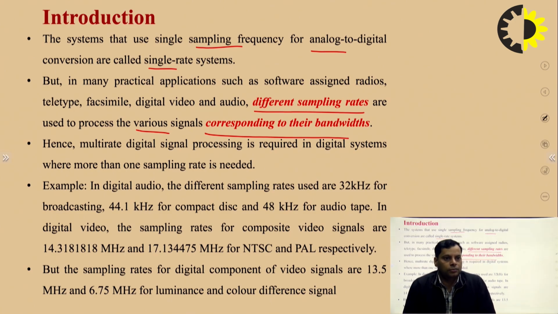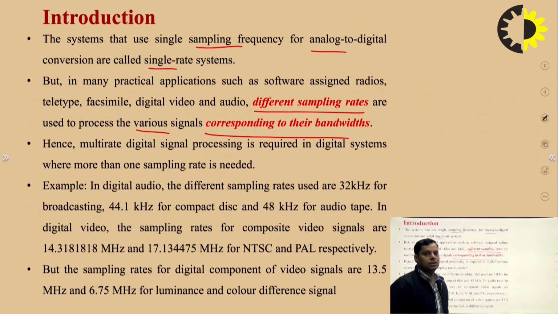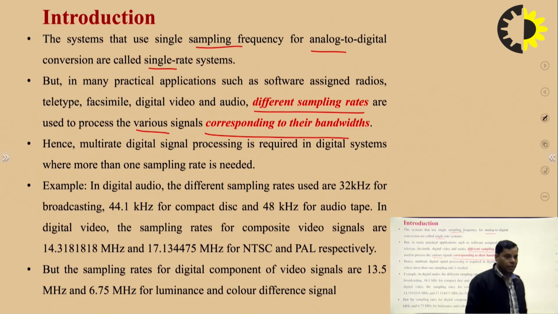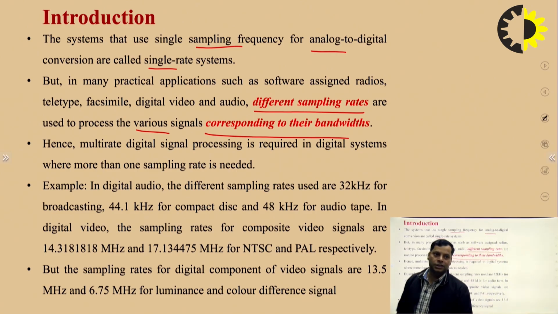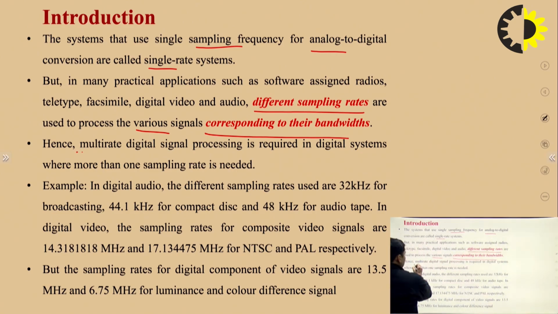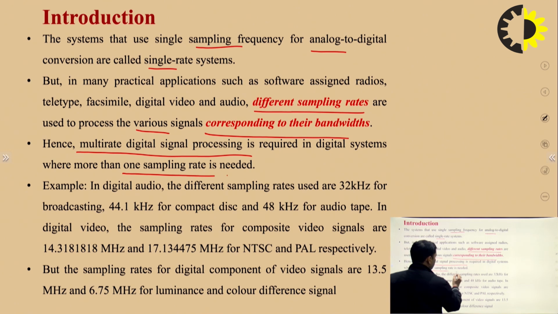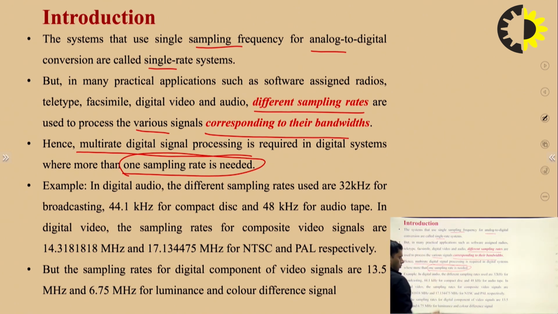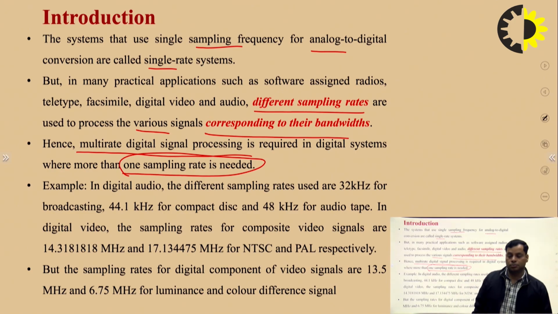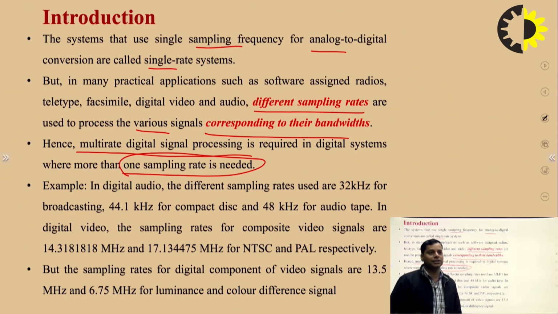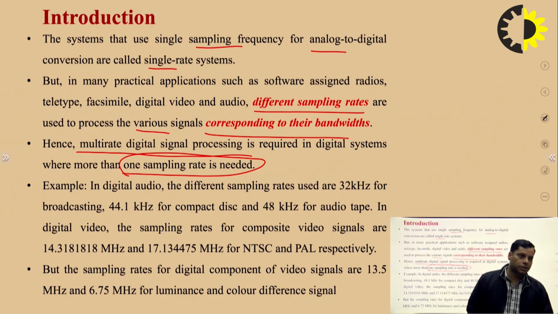The solution in this case is carried out with the help of multi-rate digital signal processing. Multi-rate digital signal processing is required in digital systems where more than one sampling rate is needed. So when we are operating with more than a single sampling rate, the system is said to be a multi-rate digital system.